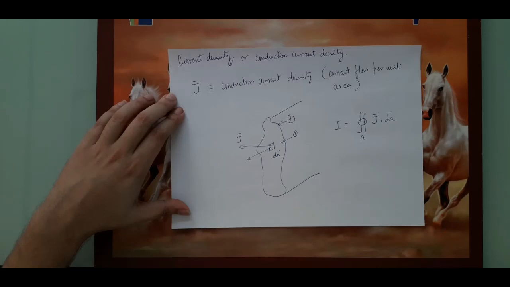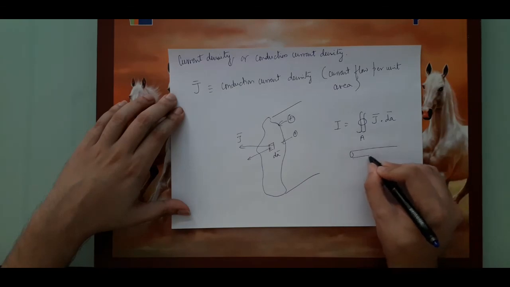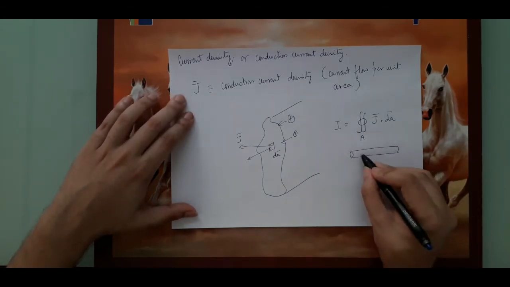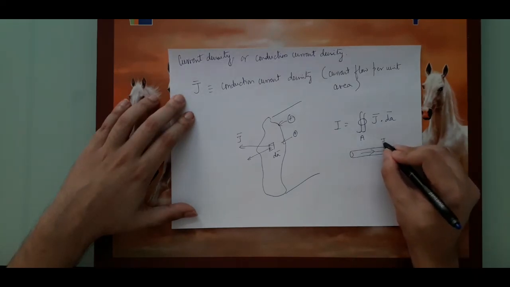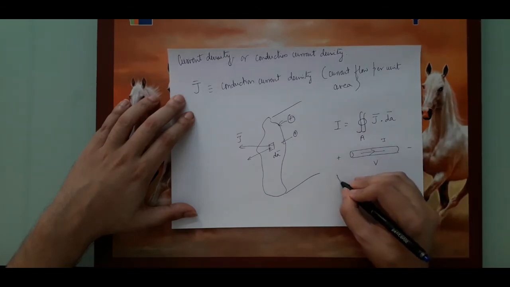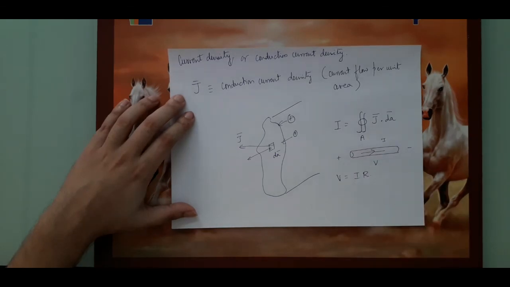Now, if you consider any conductor through which current is flowing, some current I, and some voltage exists V, then using Ohm's law I can say V equals IR, where R is the resistance of this material.